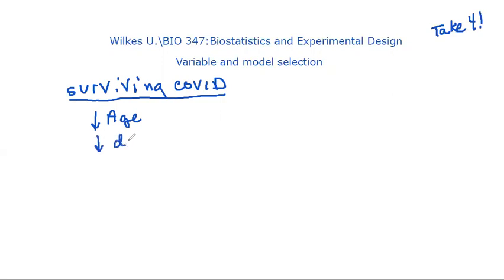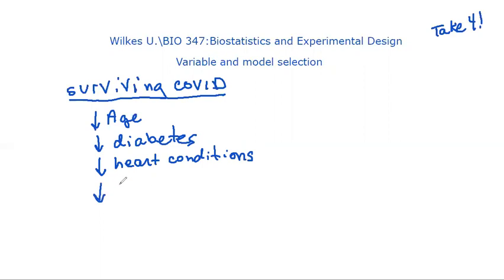Having diabetes, having pre-existing heart conditions, okay, and I'm just going to throw this out there. Smoking. Okay, this is a respiratory illness, so I can imagine smoking increases your chances.